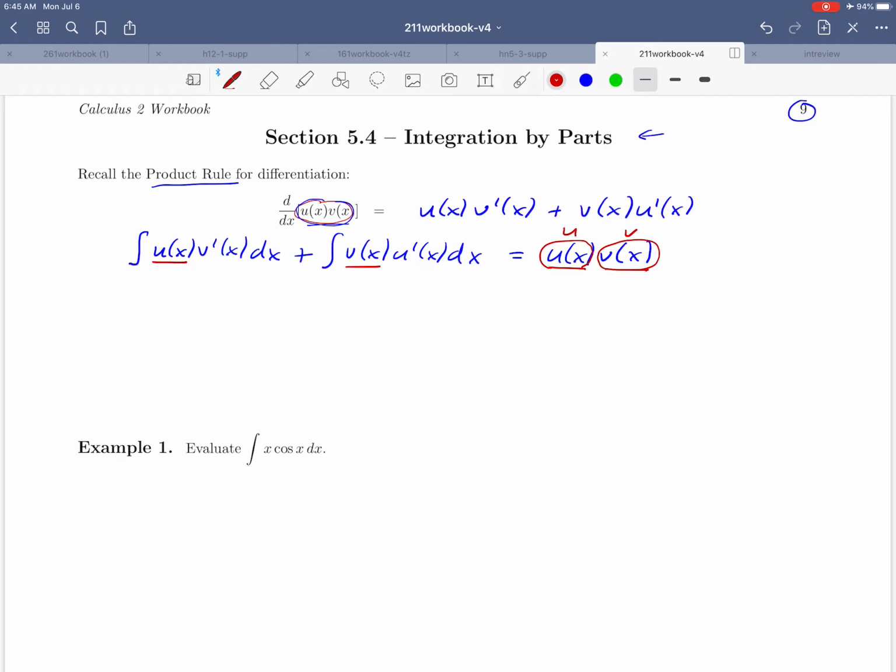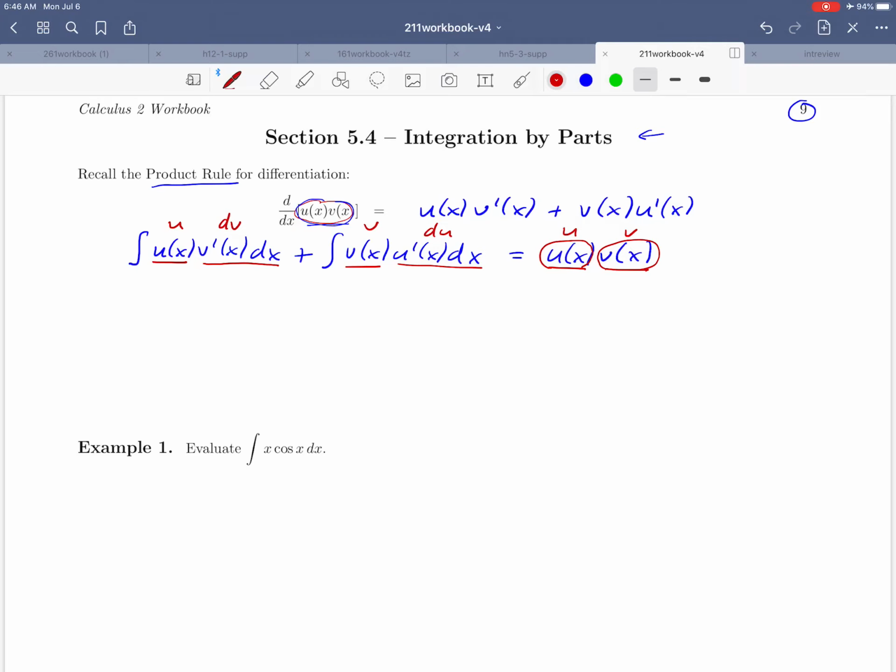So u of x and v of x, we'll write those as u and v. And then notice that v prime of x dx, that's the derivative of v with a dx tacked onto the end, so we can call that dv. And similarly, this u prime of x dx we can call du. So this formula then reads the integral of u dv plus the integral of v du equals uv.